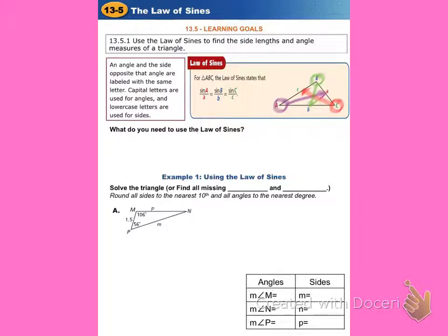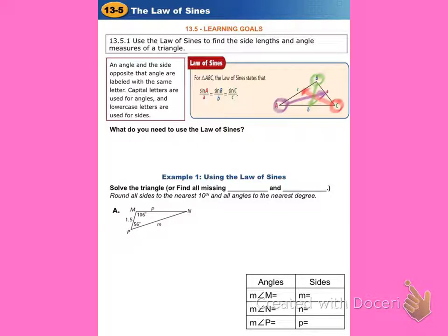Now you hear lots of different responses to this question: what do you need to use the law of sines? Well, I like to keep it really simple. Some people will say you have to meet certain conditions of a triangle, like you have to know two angles and the included side, angle-side-angle, those kinds of things.